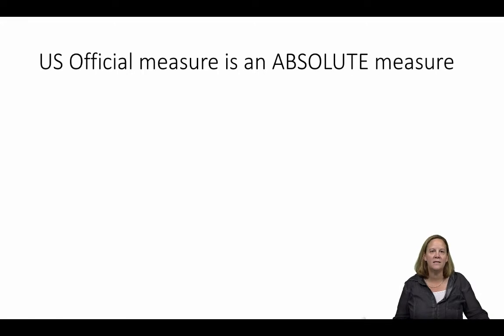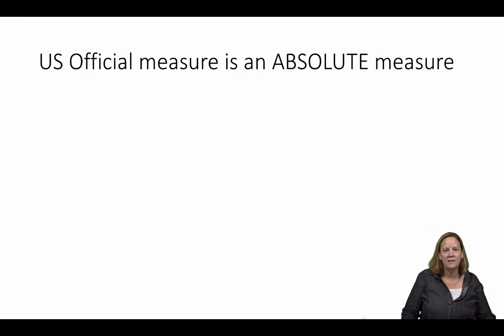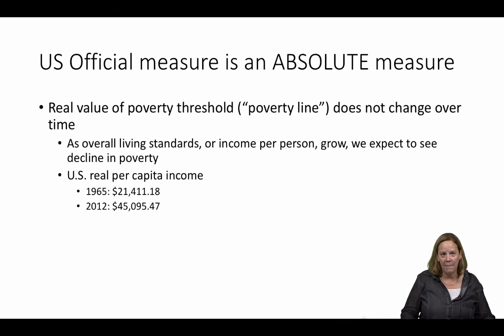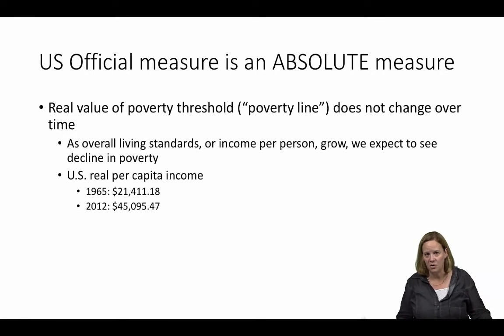To see this, let's consider the U.S. poverty line over time as an example. In 1965, U.S. real per capita, or per person, income in 2014 dollars was approximately $21,400 per year. By 2012, that measure of per capita income had more than doubled in real terms to about $45,000.